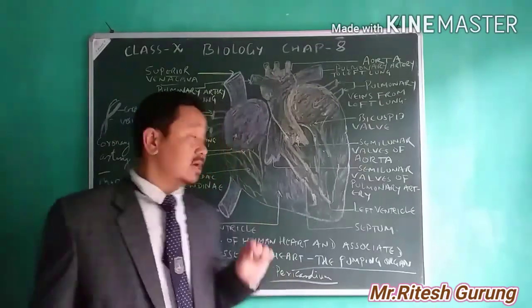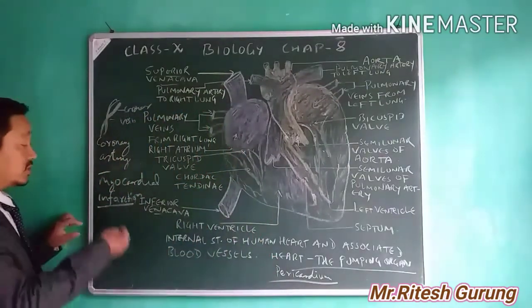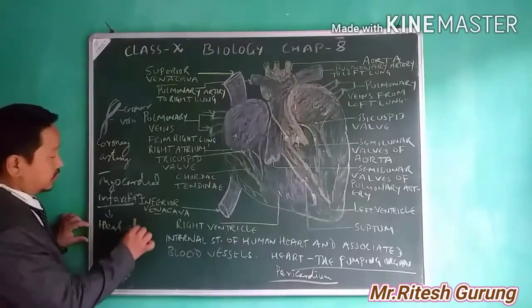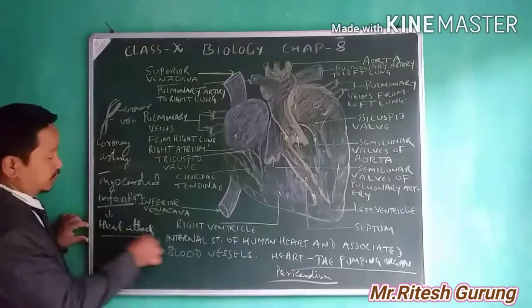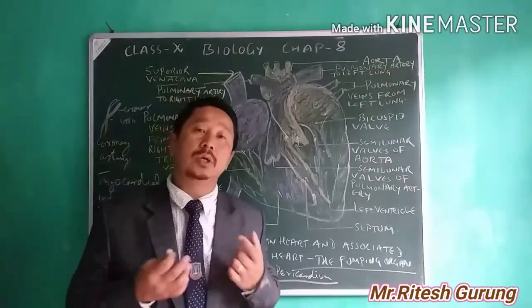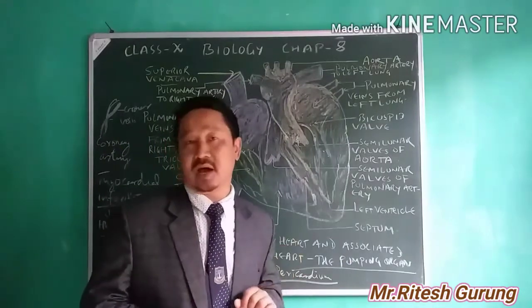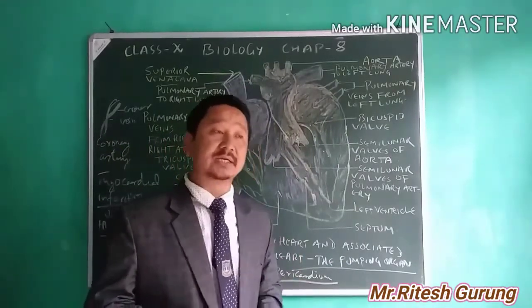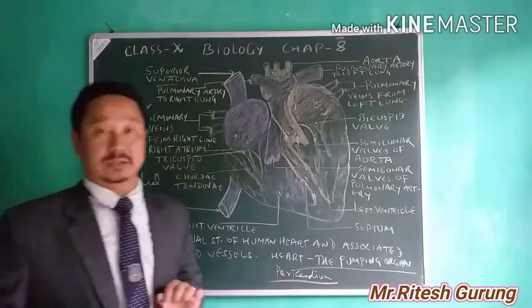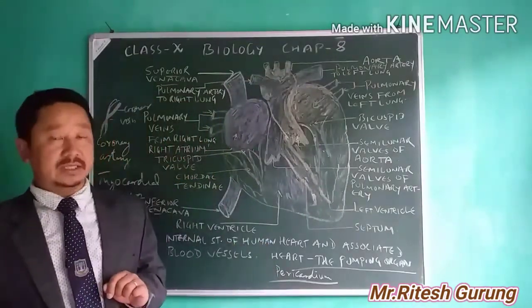Myocardial infarction is commonly called heart attack. You must be knowing this problem. A number of people every year lose their life because of heart attack. It happens mainly when this coronary artery gets blocked.